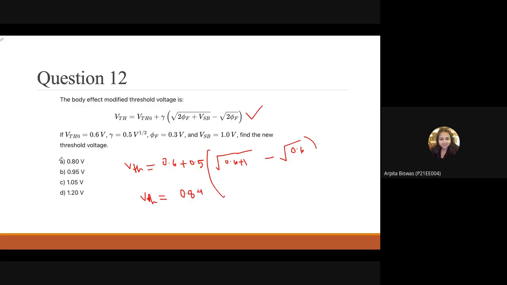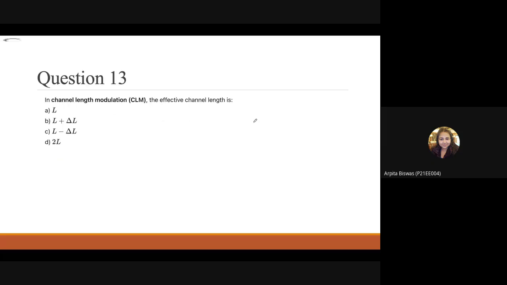Okay, then option A. But this is the way we have to calculate this value: root over (twice phiF plus VSB) minus root over twice phiF. So this is question number 13. In channel length modulation, the effective channel length is L, L plus delta L, L minus delta L, or twice of L.